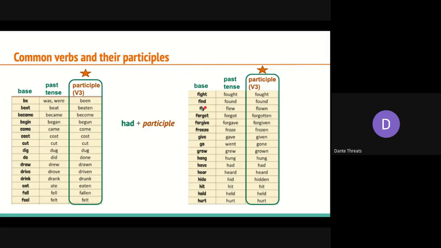Fly, flew, flown. Forget, forgot, forgotten. Forgive, forgave, forgiven. Freeze, froze, frozen. Give, gave, given. Go, went, gone. Grow, grew, grown. Hang, hung, hung. Have, had, had.